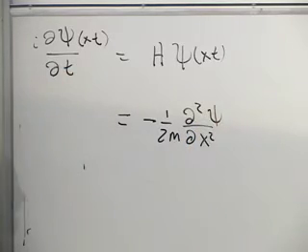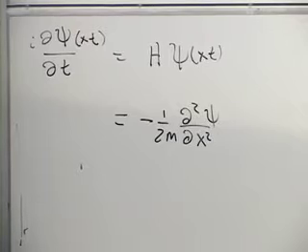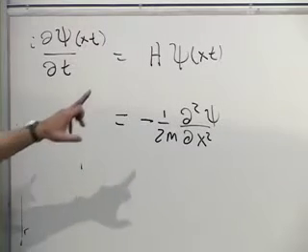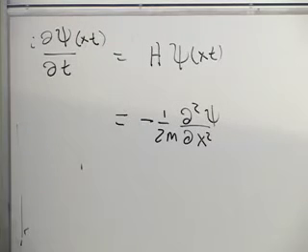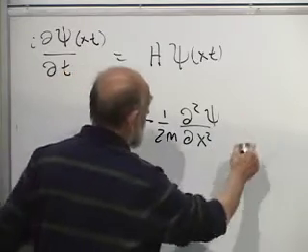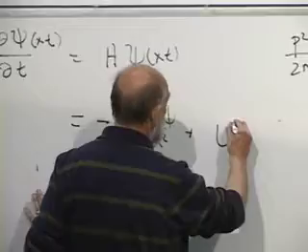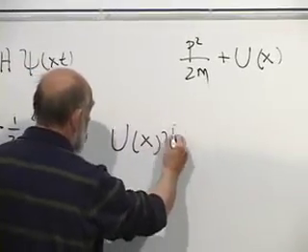That's the p squared over 2m term. What does U of x mean? U of x just means multiplication by the function U of x. That's all it means. So the second term here is plus U of x times psi of x.